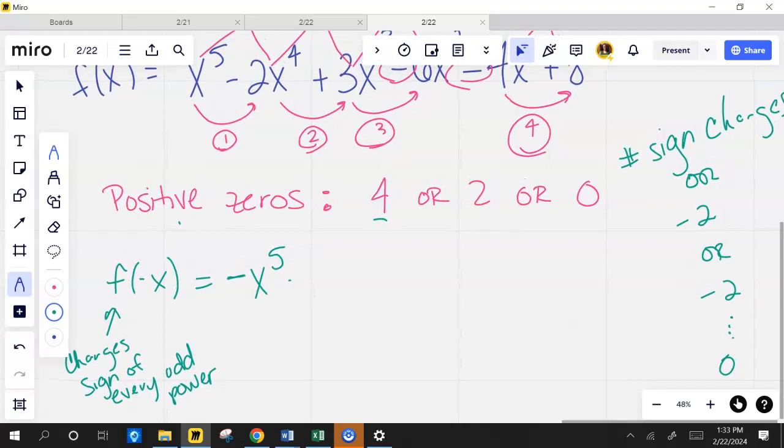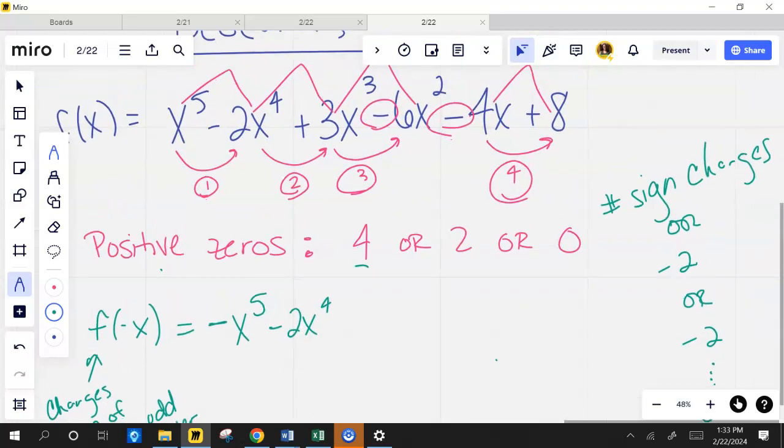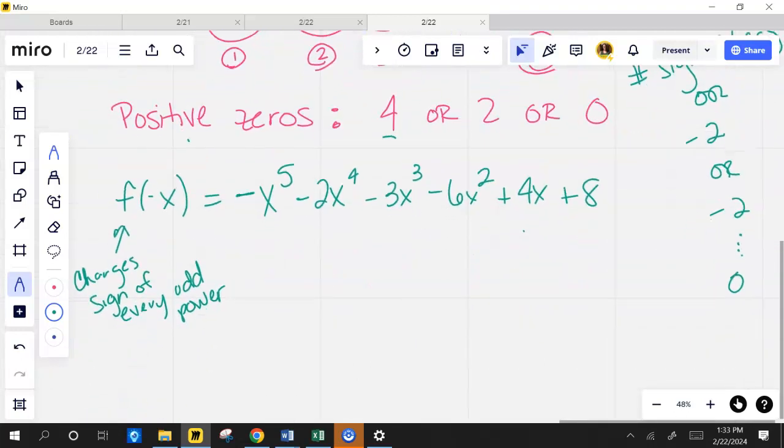So the even one's going to keep its sign, the odd is going to change. I'm fixing to show you. The constant's just going to stay the same, it doesn't have an x on it. How many times does the sign change on this one?